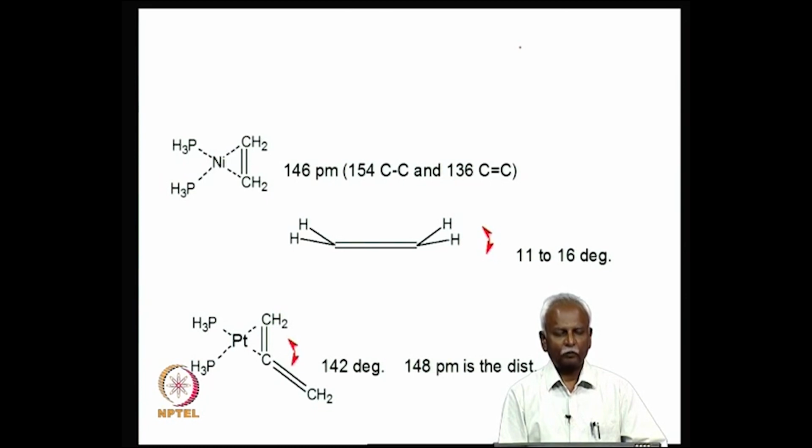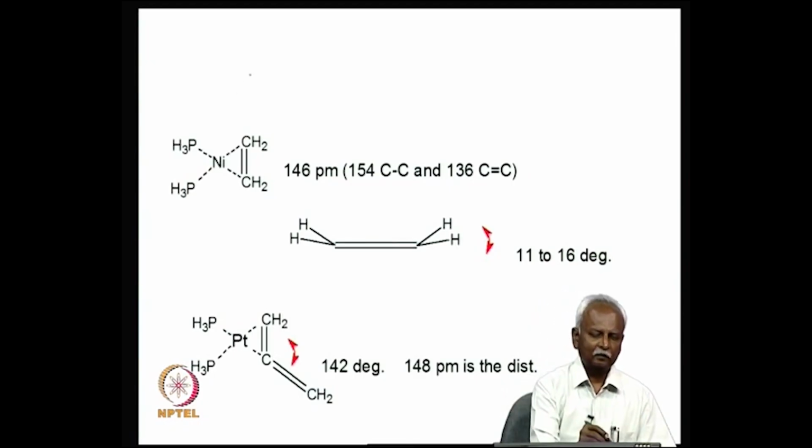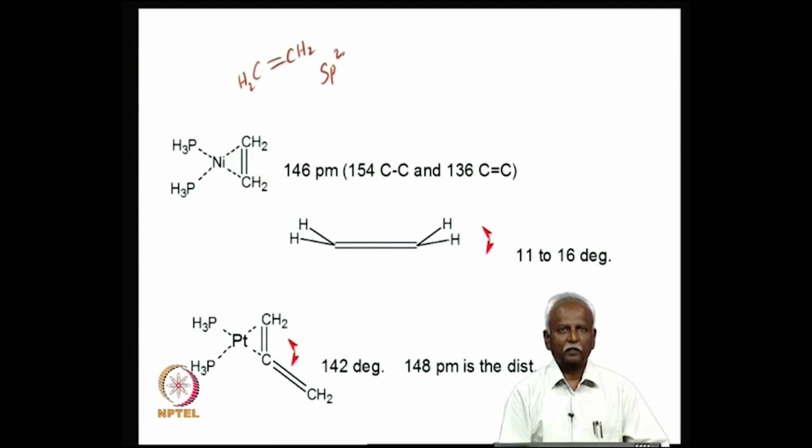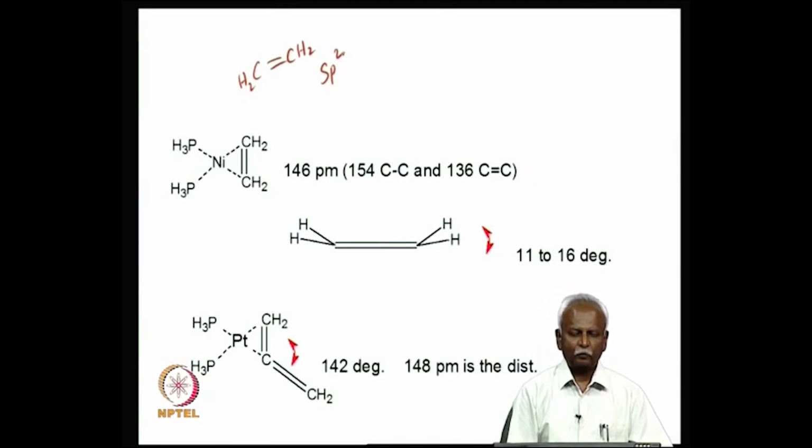One is the fact that you have slight rehybridization of the carbon. The carbon in simple ethylene is sp2 hybridized. Now, when it is bonded to the metal, it seems to have a slight rehybridization at the carbon center, and that leads to a bending of the hydrogens away from the metal.